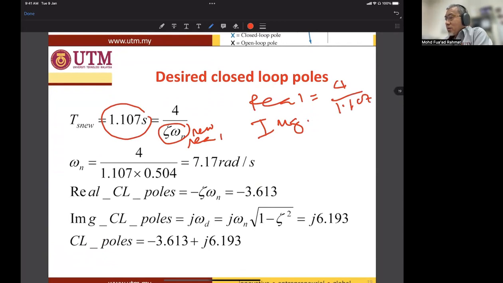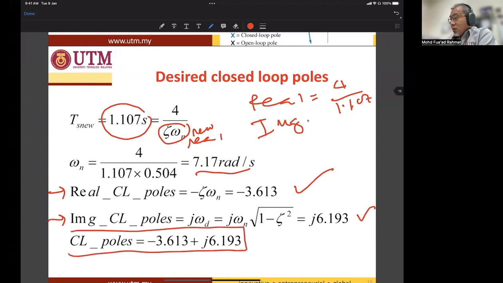Then the omega n will become 7.17. Now the real part of the closed loop pole is minus 3.613, and the new imaginary is j6.193. And the new closed loop pole is to fulfill the spec design.